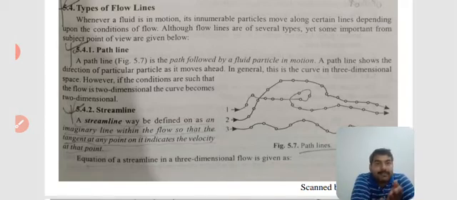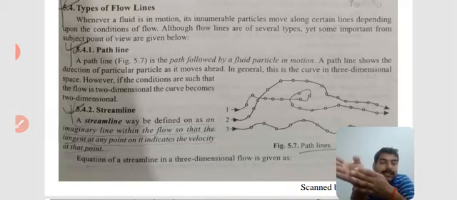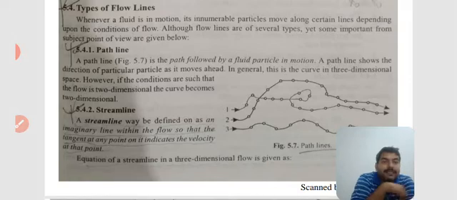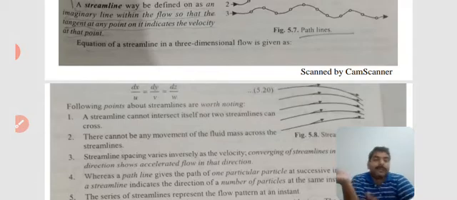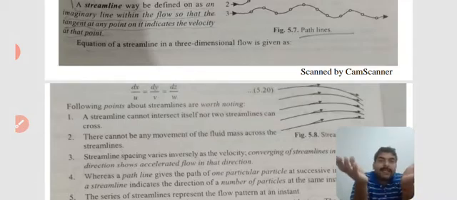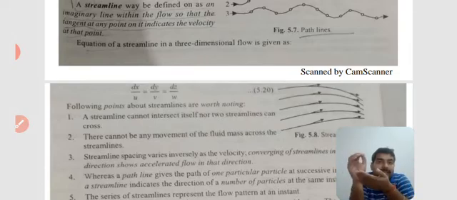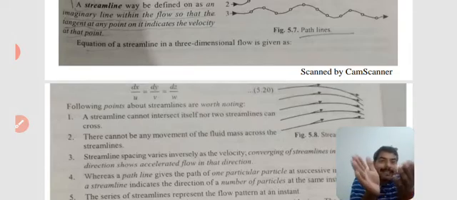Path lines: the path followed by a fluid particle in motion is called a path line, shown in the figure. Stream lines are defined as imaginary lines within the flow such that the tangent at any point indicates the velocity at that point.